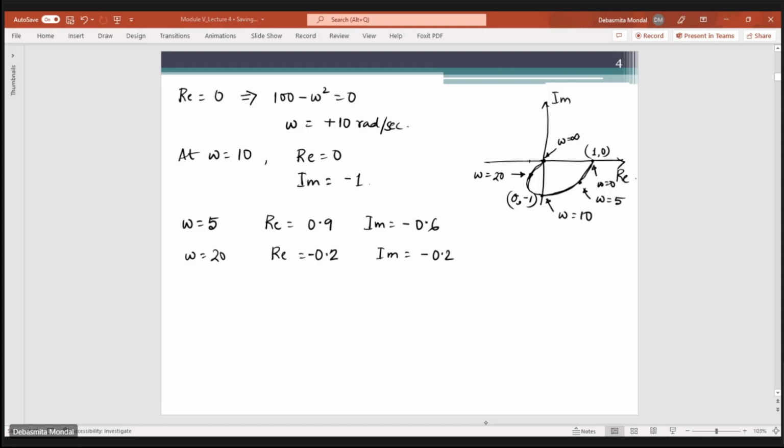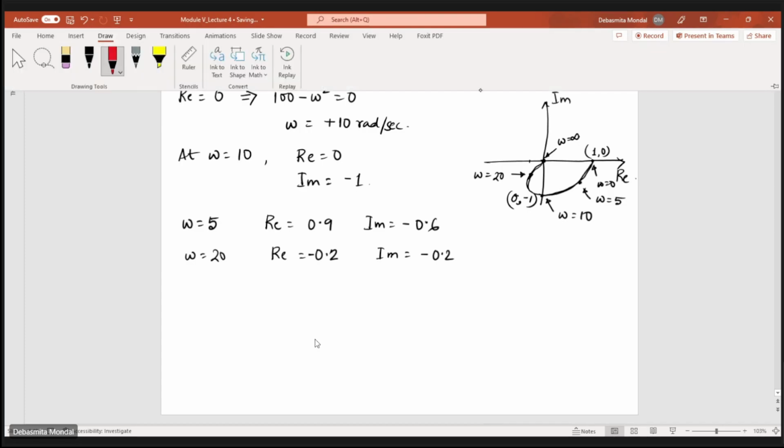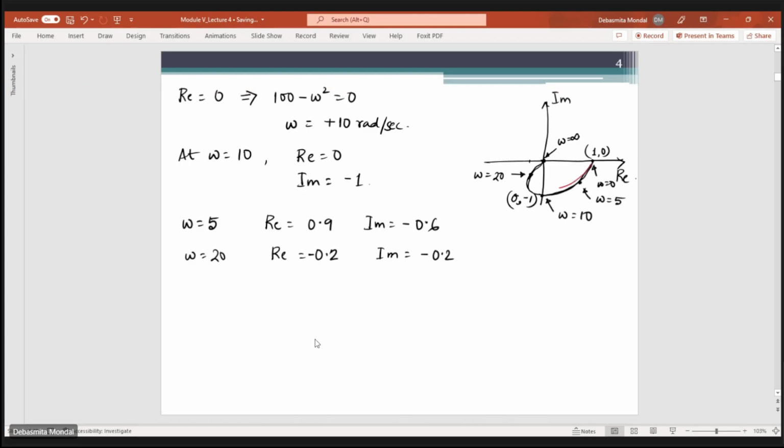Because we can reach this origin via different paths. The plot can come down like this, or it can reach the origin this way also. There can be different ways of reaching the origin.